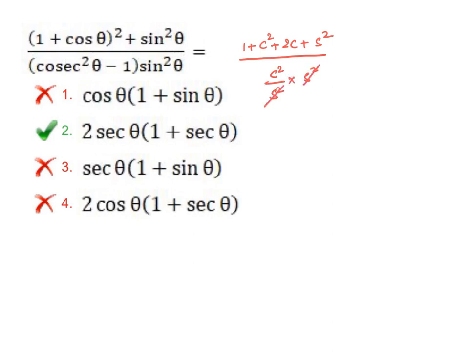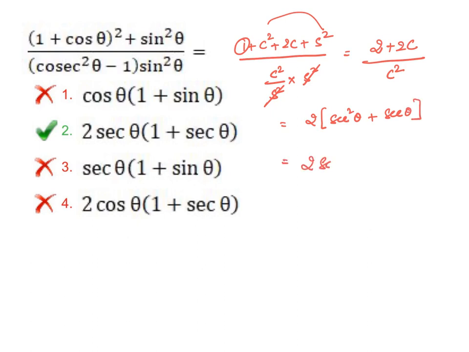Sin square cancel. Numerator becomes sin square plus cos square is 1, and because already 1 is there, 1 plus 1 is 2, plus 2 cos/cos square. 2 you take common. 1/cos square is secant square theta. Cos/cos square is 1/cos theta, that is secant theta. You can also take secant theta common. That's secant theta plus 1 or 1 plus secant theta. Answer is 2 secant theta into (1 plus secant theta).